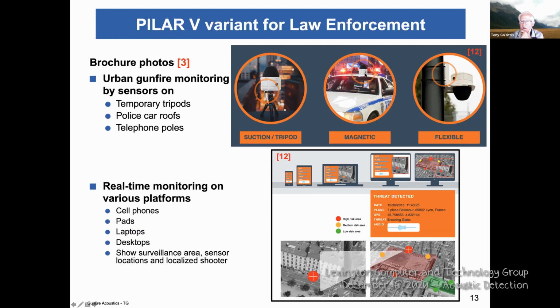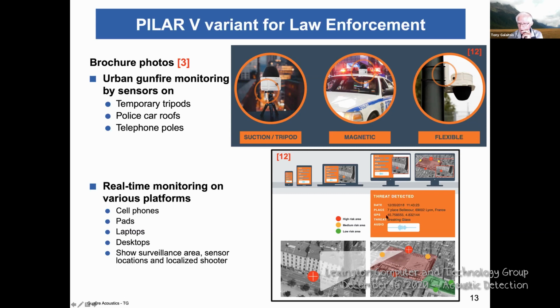They can be placed on top of police cars or strapped to telephone poles. And they can then again be combined. The signals are combined so that eventually you get some kind of a solution which shows probably where the shooter is over here, so don't stand there.